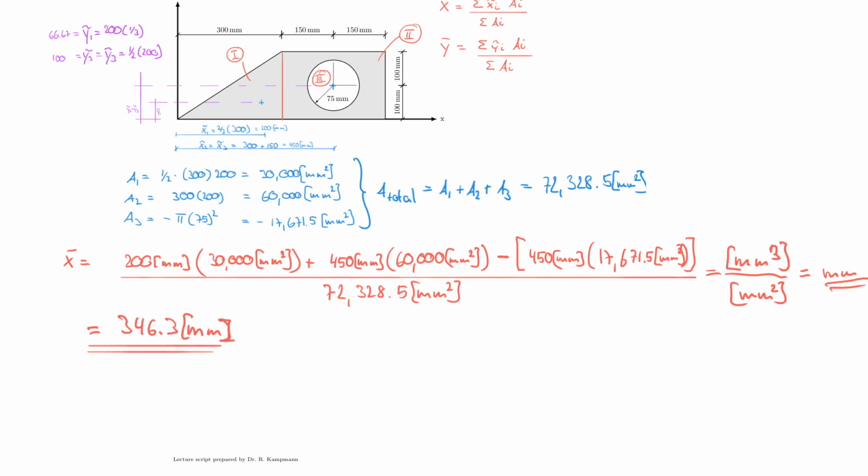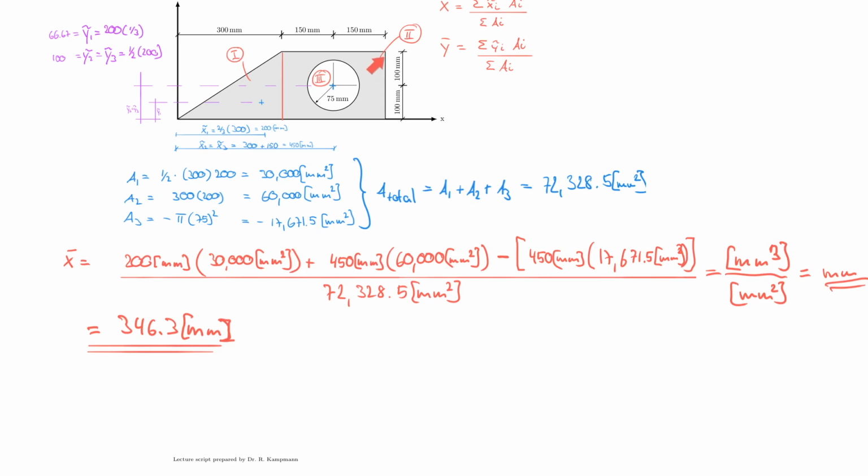And now let's take a look at the picture. Is this number meaningful, or does it make sense in the context of this picture? And I think it does, because 346 is beyond this triangle to the right, but not half of the rectangle. So let me explain that in other words.